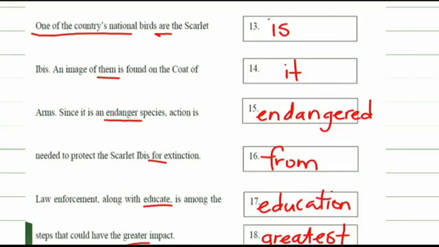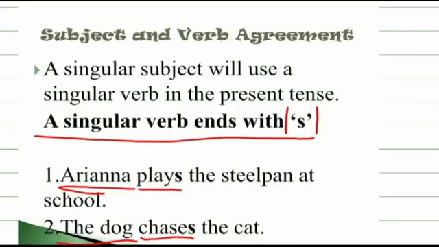So we're just talking about one here, one of the country's birds. So you should know singular subject, singular verb, or plural subject, plural verb. And once more, your singular verb ends with an S. Plural verbs do not end with S.